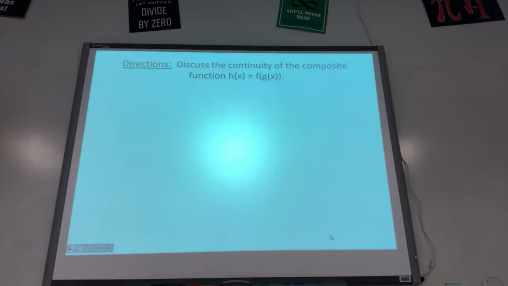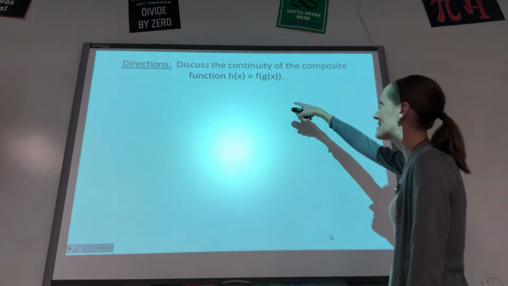We're discussing a lot today. Discuss the continuity of the composite function h of x equals f of g of x. This is f composed with g here, f of g of x.